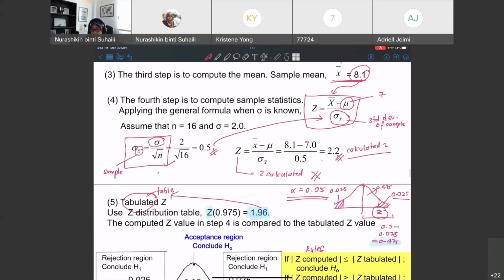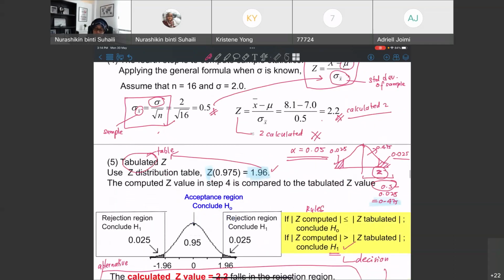How do you get it? 0.5 minus 0.025. The 0.5 is your own information, it's not given in the question. You have to remember by yourself that half of the area of the standard curve is 0.5, since the total is 1. So you get 0.475. You refer to the standard table, get 1.96, the Z value. So that is the tabulated Z value. What you have to do with the two values is compare them.